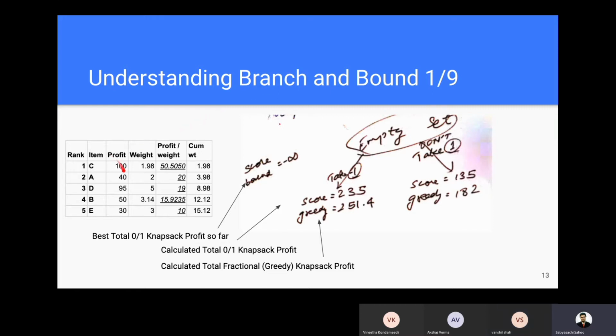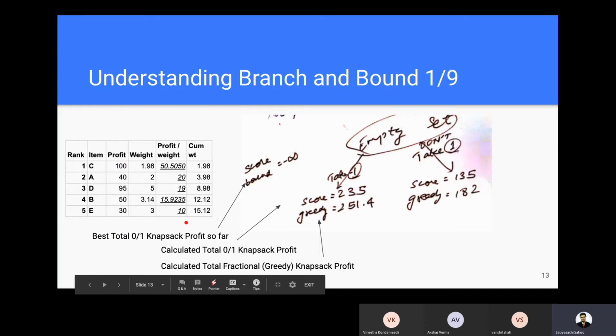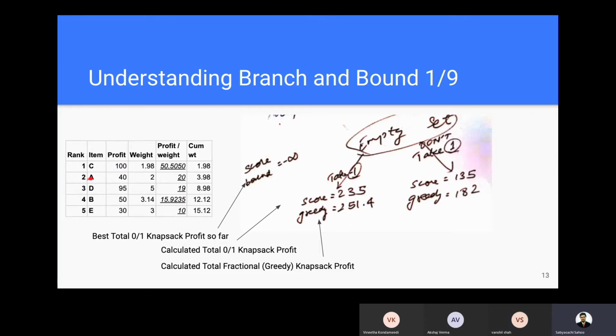That's why I have this table sorted by profit to weight ratio. So if we take one, the next best would be to take A, and then to take D, and you will not be able to take B. So that's how you compute the score. Okay.